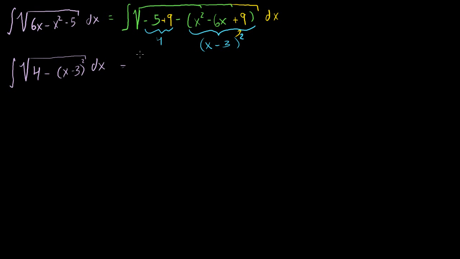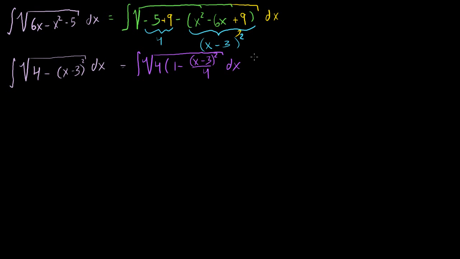That's equal to the integral of the radical, and we'll have 4 times 1 minus x minus 3 squared over 4. I just took a 4 out of both of these terms. If I multiply this out, I'll just get back to that right there. dx. And now this is starting to look like a form that I like.